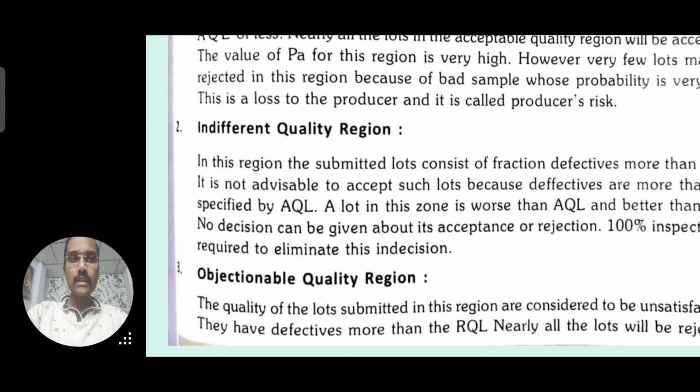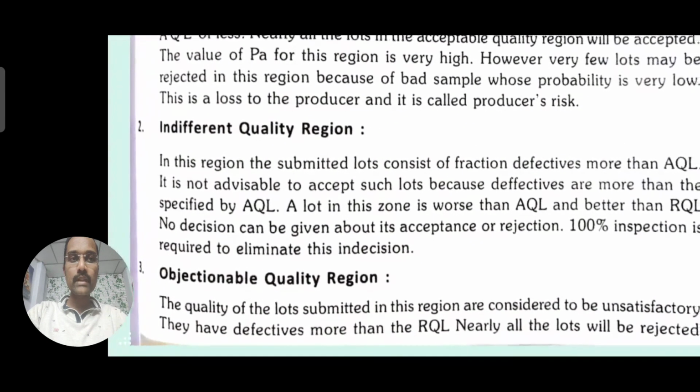So in this region, the submitted lots consist of fraction defectives more than the AQL, the acceptable quality level. The fraction defectives means the number of defectives taken as fractions, if their values are more.